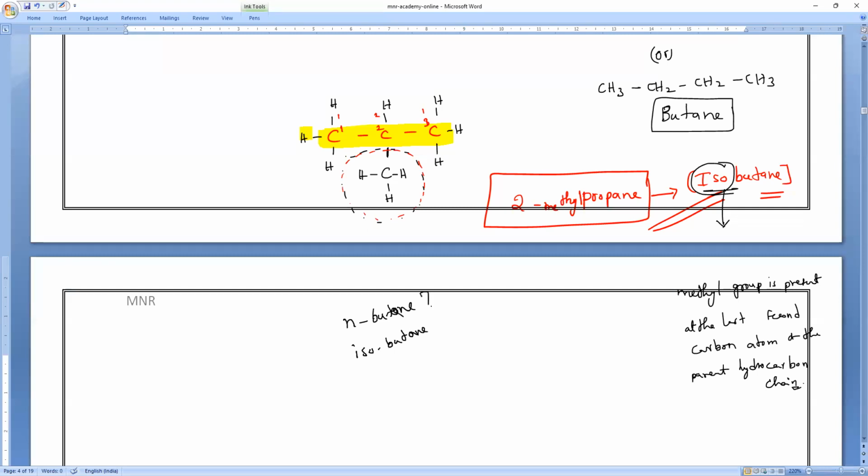These are the common names, and the IUPAC names are also there. But in exams, they always give the common name only. They give the common name and ask us to draw the structure. That is why I always say, give importance to the common name.